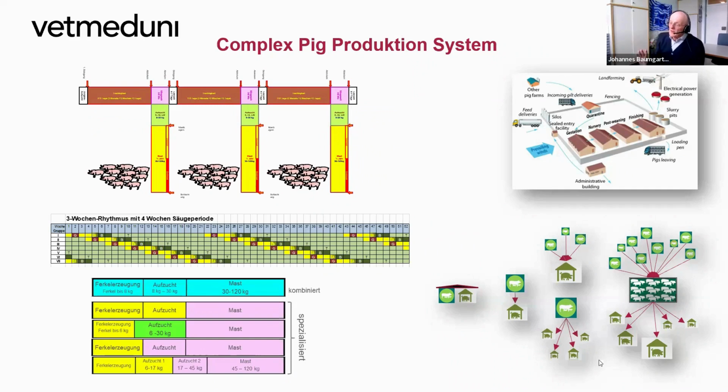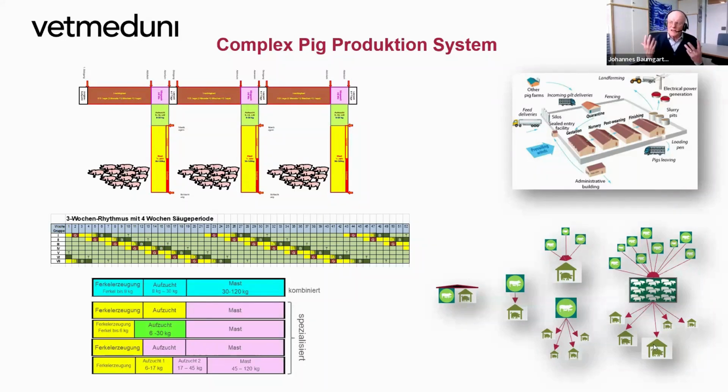And what we have in Austria is a situation where we have a huge number of piglet producing units that bring piglets to a market where they are distributed to different farms. So there's no direct connection between the farrowing unit and the fattening unit.